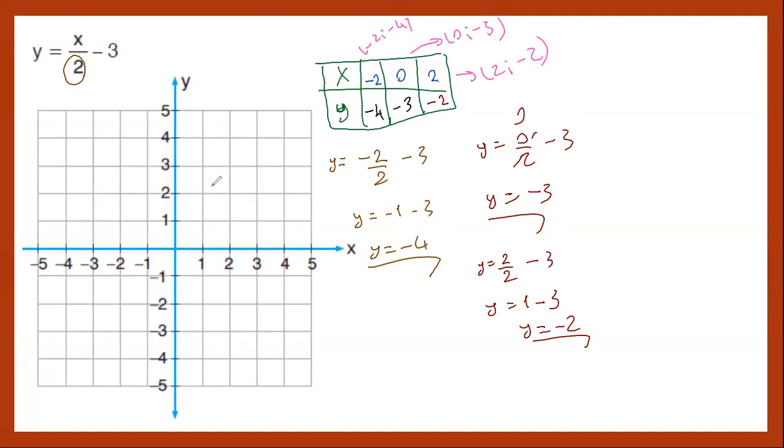Let's change color. Okay, (-2, -4). Is there any problem with doing it like this? If you find a mistake, let me know. Then (0, -3), and the other one (2, -2), which is here. Did I make any mistake there? Anything wrong there?